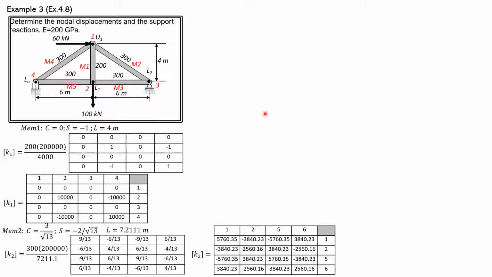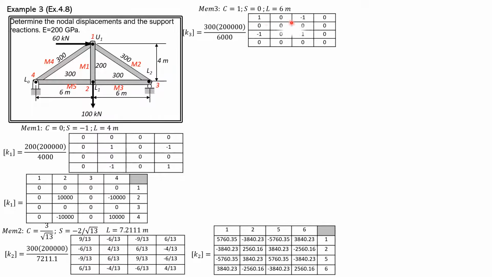Number 3 is 2 to 3. So 3, 4, 5, 6. That's the numbering. Then because number 3 is just to the right, the cosine is 1 and the sine is 0 for member 3. The length is 6 meters. So we have 1, 0, negative 1 cosine square.